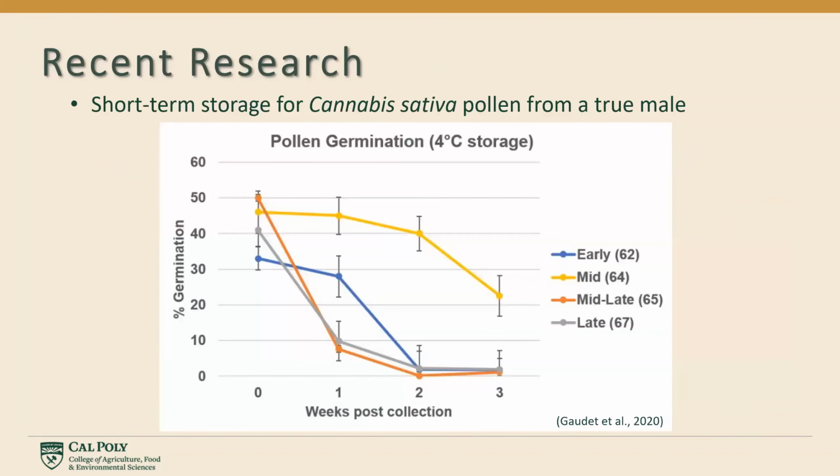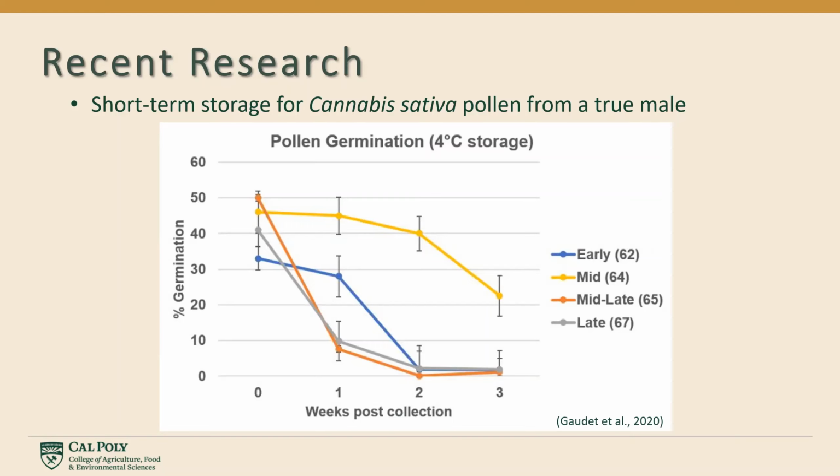There has been some recent research on the storability of cannabis pollen from a true male plant. This article looked at the short-term storage of pollen collected at various stages of pollen release. There's a 5-day period of pollen release, starting with an early stage at 62 days after sowing, with a mid stage at 64 days after sowing, mid to late at day 65, and a late at day 67.